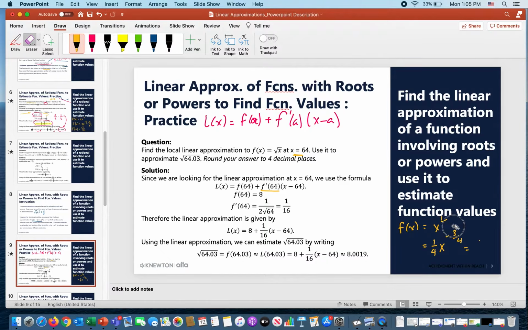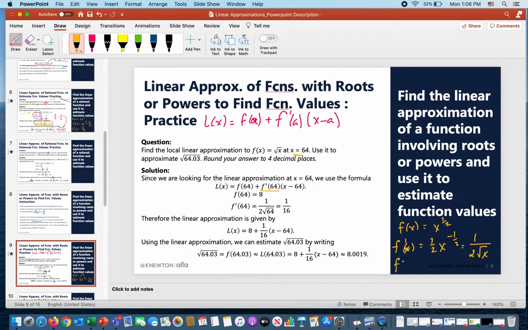Y'all please forgive me. I had a momentary lapse there, and I think my fraction made me think that was a 4. Let me start that over. f of x is going to equal x to the 1/2. I'm going to find the derivative by bringing the 1/2 down, giving x to the negative 1/2. So this is 1 over 2 square root of x.